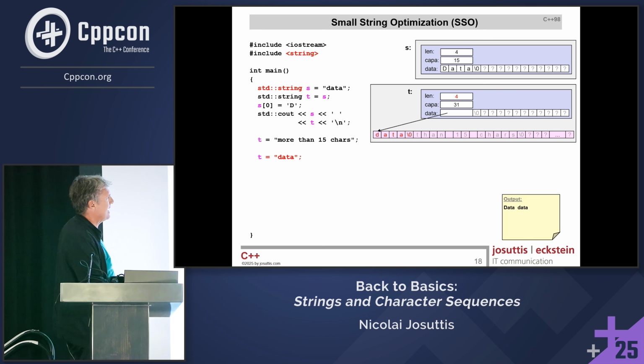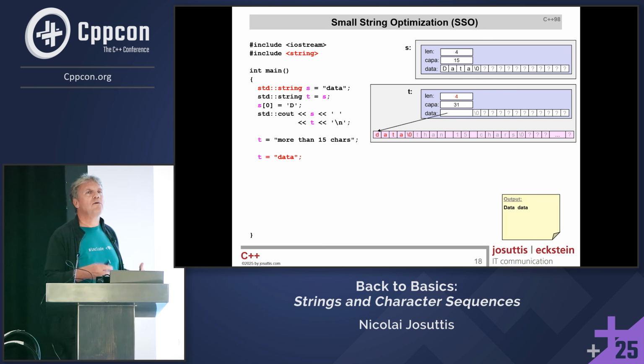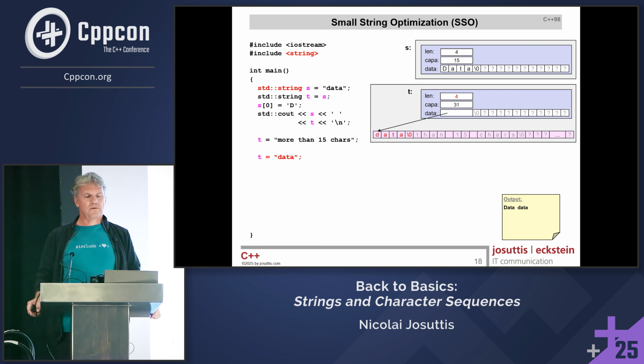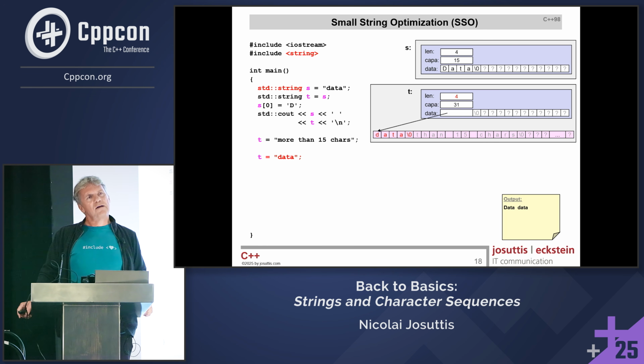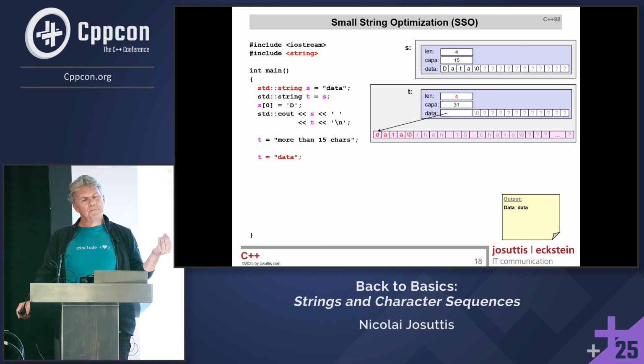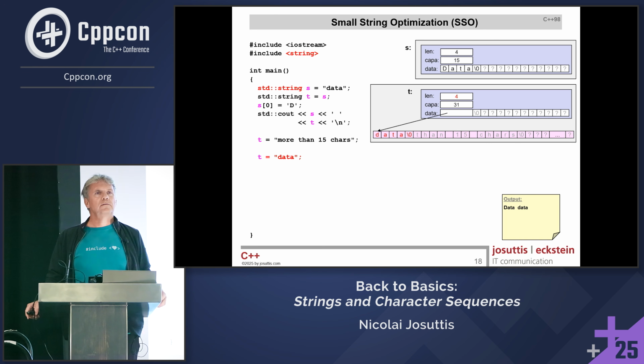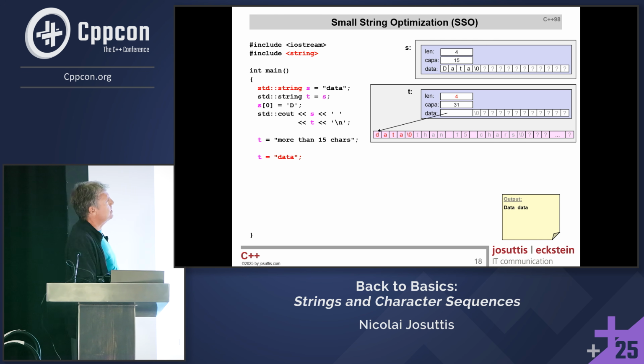Let's add data again. Again, we have already memory assigned to this string. It's still good enough. Let's keep it for two reasons. Freeing memory also costs time. And we might grow later on again. So let's keep it there.